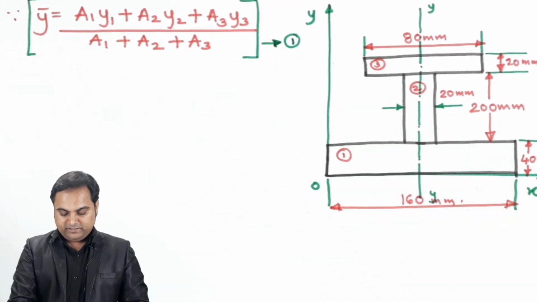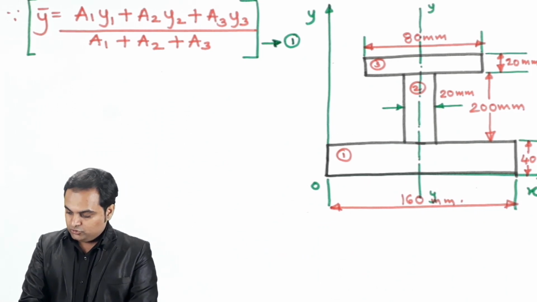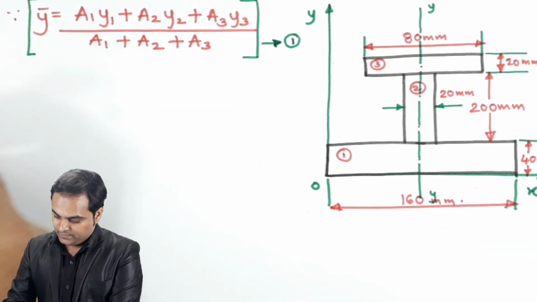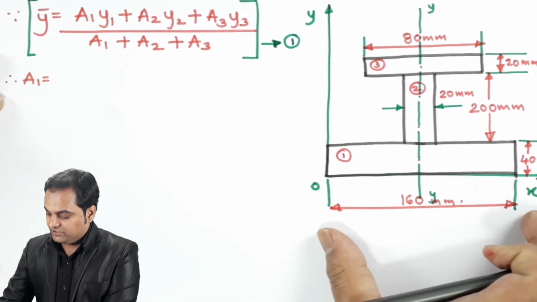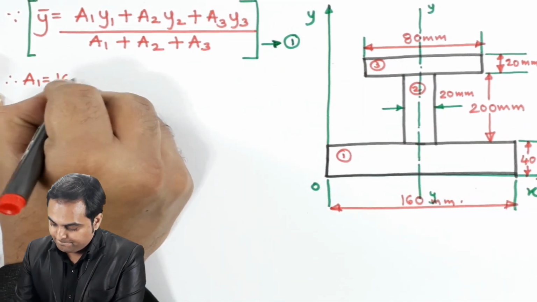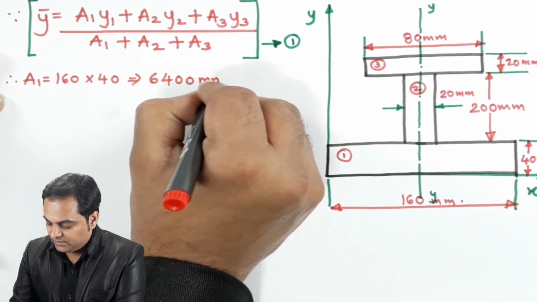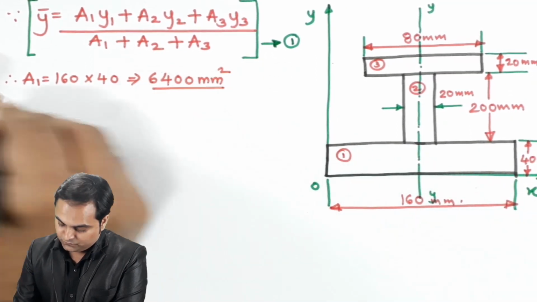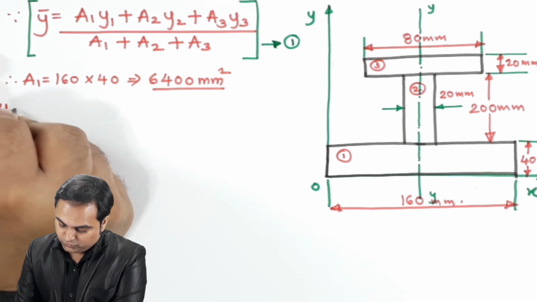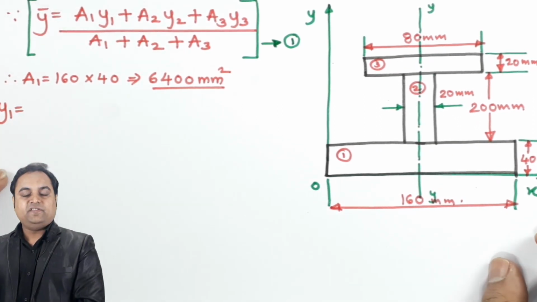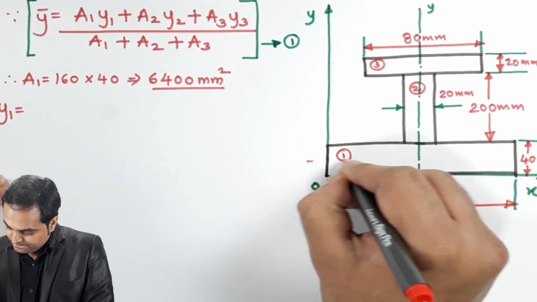Now getting all the areas respectively. So therefore area 1 is 160 into 40. It is 6400 mm square. Then y1 value, y1 is the location of x-axis of rectangle 1.